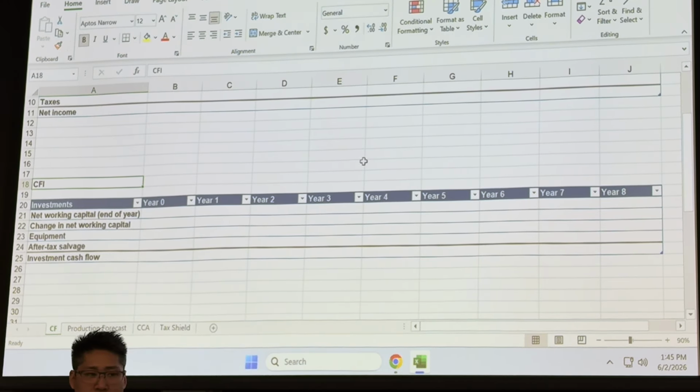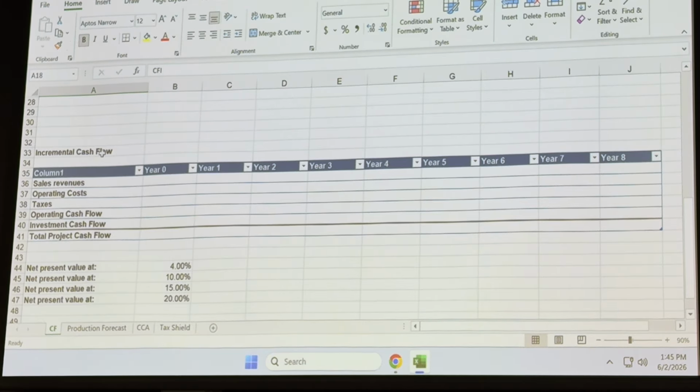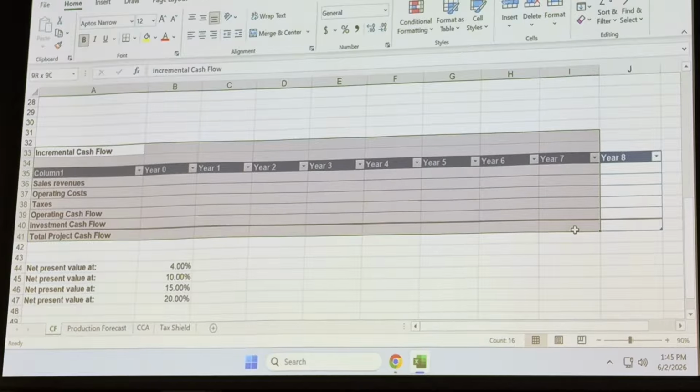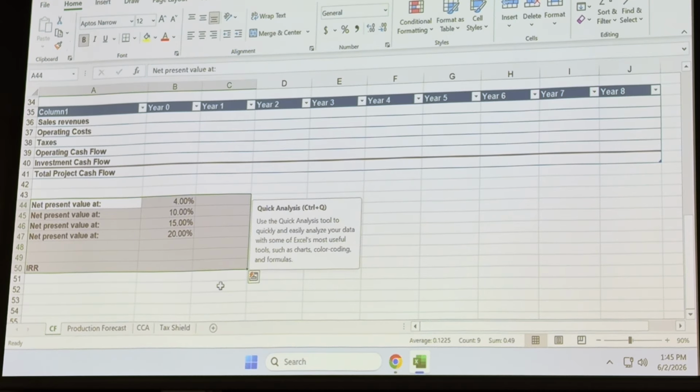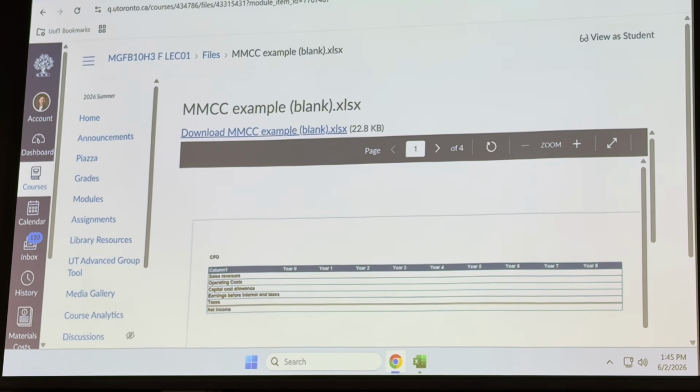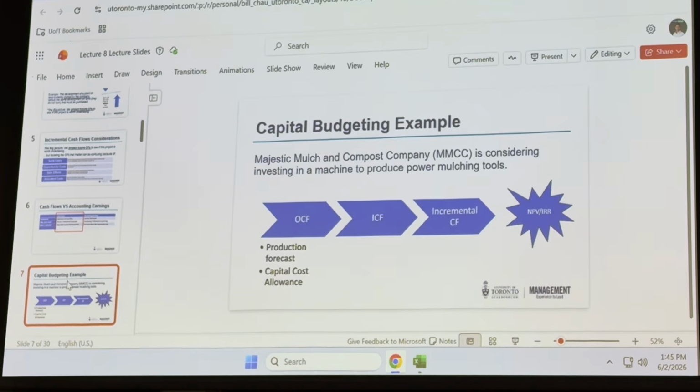You must commit to it before you can actually start producing things. Then eventually I come up with the incremental cash flow table, which is down here, and ultimately we're going to find the net present value and the IRR, which is consistent with my slide, which I showed you earlier.